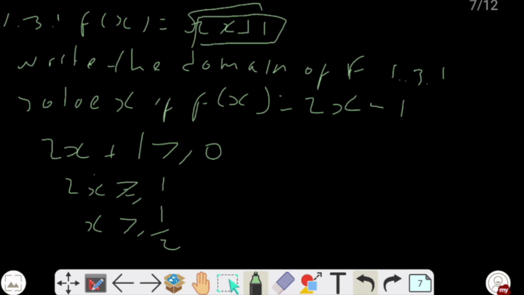So this question will actually give you just 1 mark, which is an easy 1 mark to get.